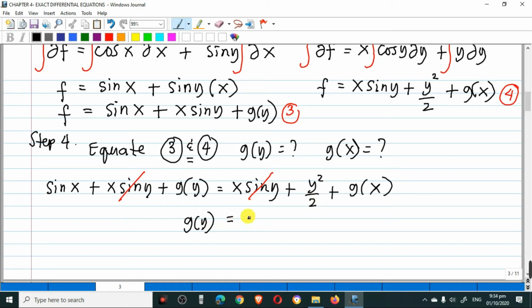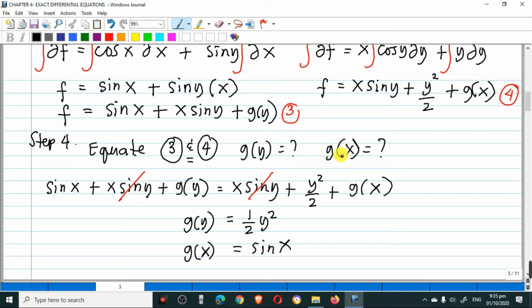So your gy here is simply equals to 1 half y squared. And also, yung term mo, which is the gx, yung nasa left side mo, is simply equals to sine of x. So, our gx here is simply equals to sine of x. So, we already have the values of the constants, the gy and gx.